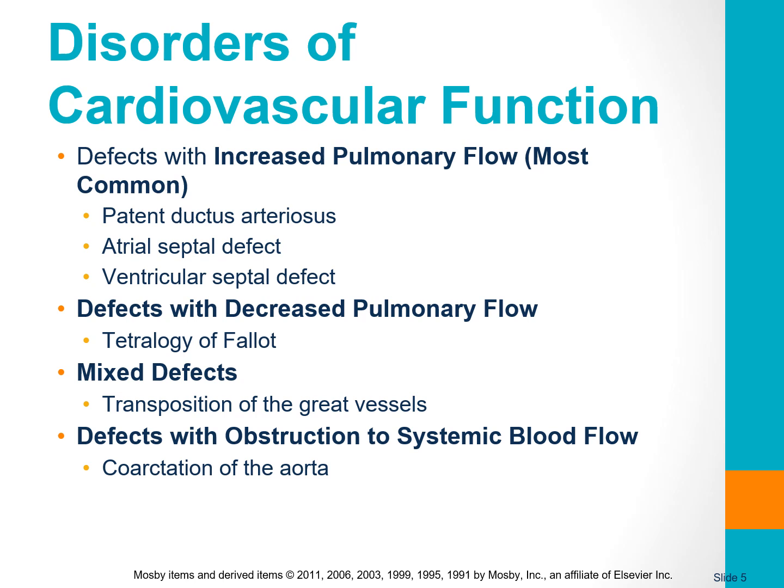Atrial and ventricular septal defects also increase the workload on the lungs. Defects with decreased pulmonary flow involve tetralogy of Fallot. Then mixed defects, when deoxygenated and oxygenated blood mix. This is transposition of the great vessels. And then obstruction to systemic blood flow, we're going to talk about coarctation of the aorta.